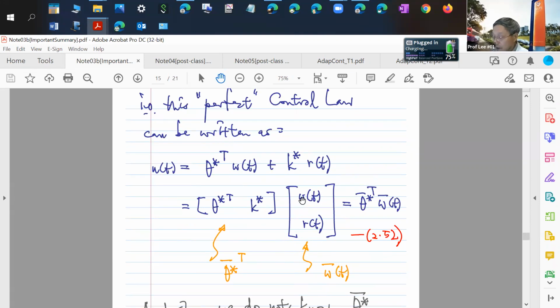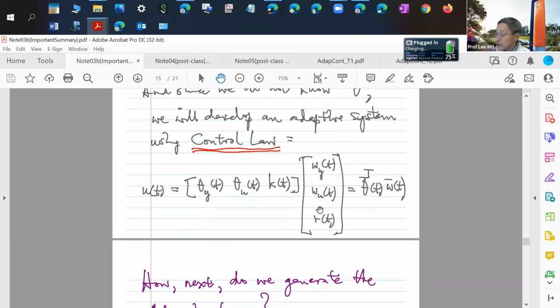In line with the notation we've used, the omega set of signals are all signals which you generate, and these are the perfect control gains you can calculate if you knew the system perfectly. So these are the theta star gains, and these are the signals that you generate. Certainly the perfect control law can be written like that.